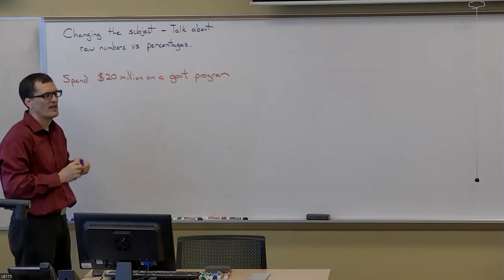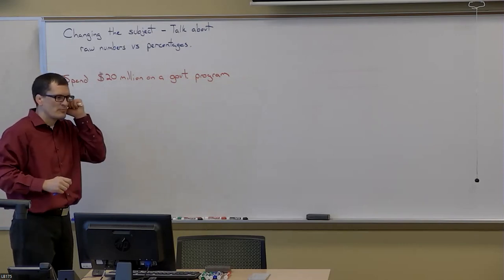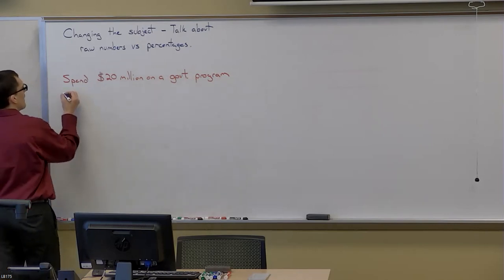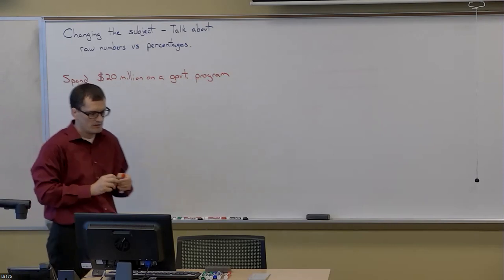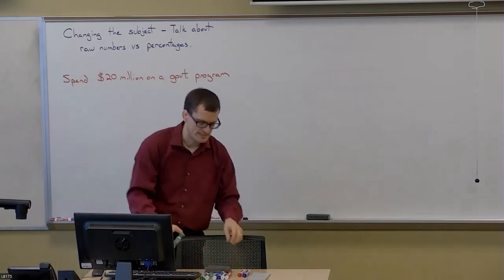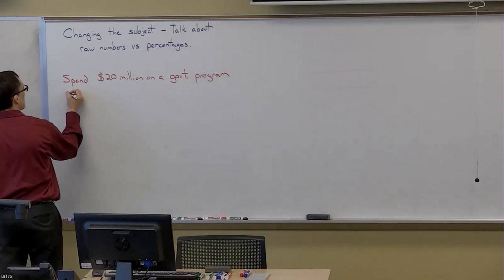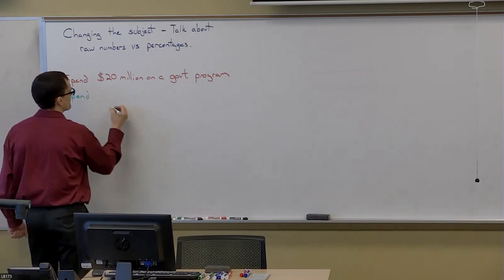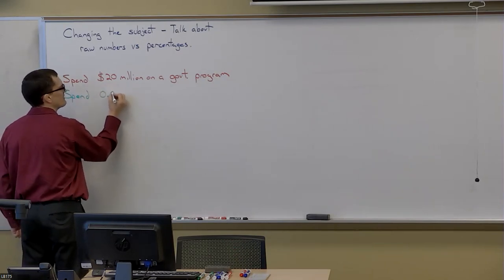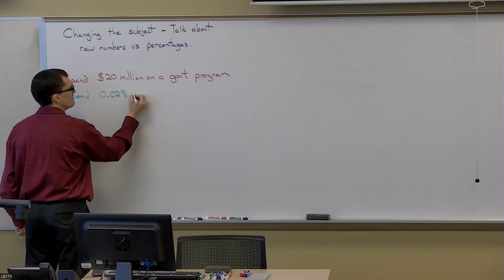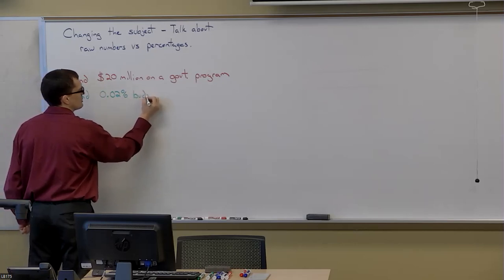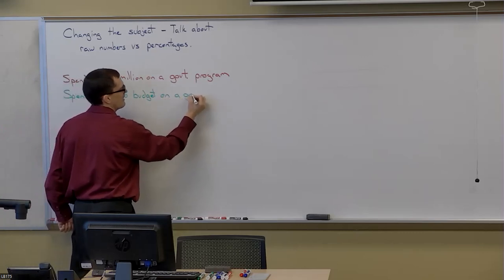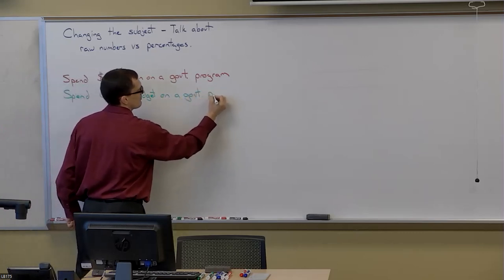Now, the people who want to have that money spent might refer to that $20 million in spending, and they'll say something like, well, we're going to spend 0.02% of a budget on a government program.